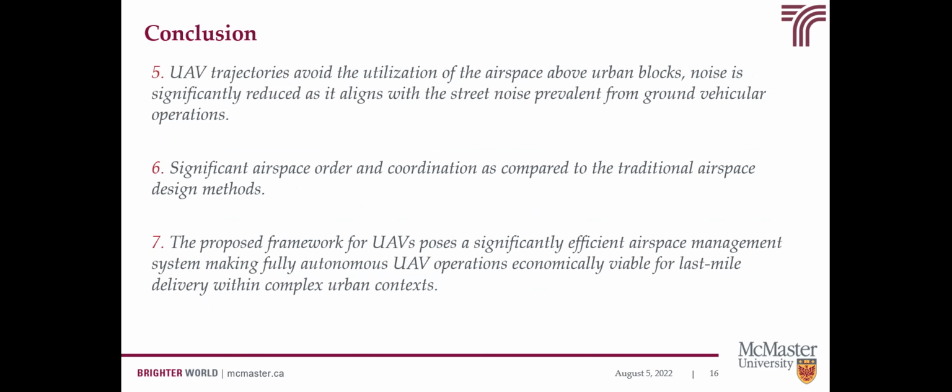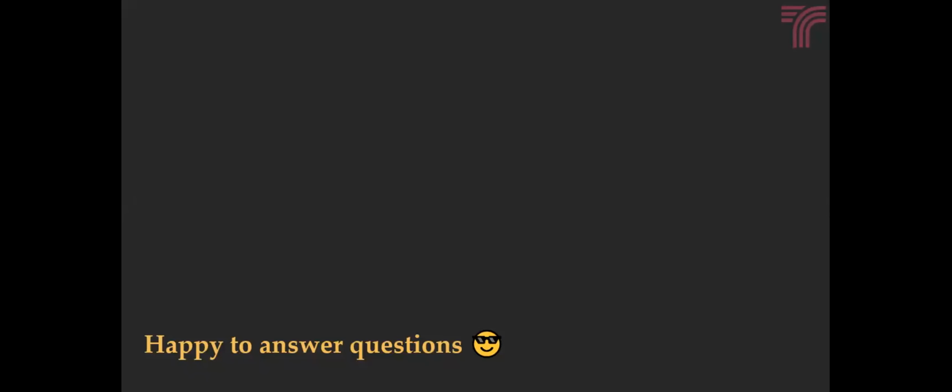The trajectories avoid the utilization of the space above urban blocks because we only create this space over roads. There is significant order and coordination as compared to traditional methods. The proposed framework poses a significantly efficient airspace management system, making fully autonomous UAV operations economically viable for last mile delivery within complex urban contexts.